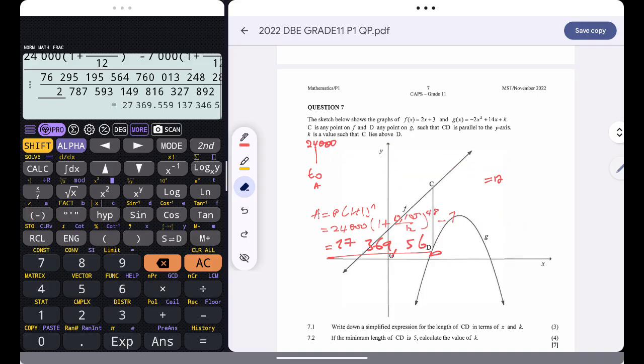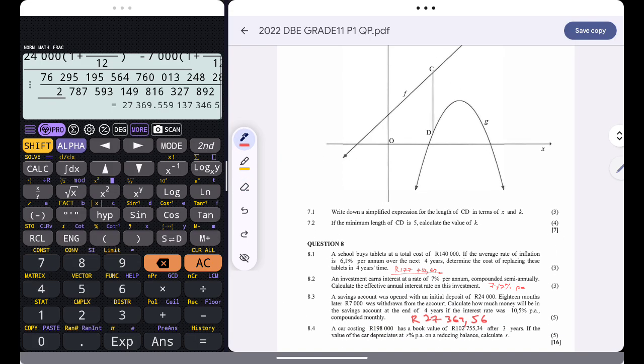Okay, 8.4. We are told that a car costing 198,000 rands has a book value of 102,755 rands 34 cents after 3 years.